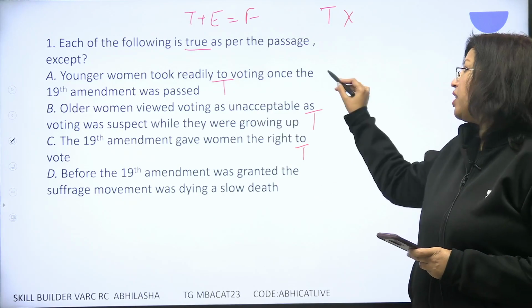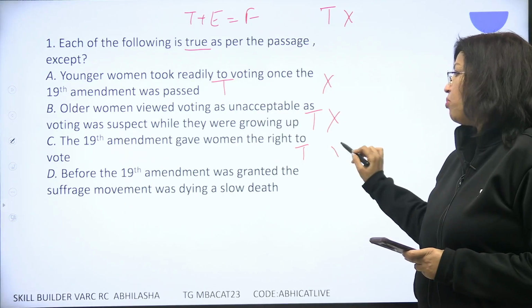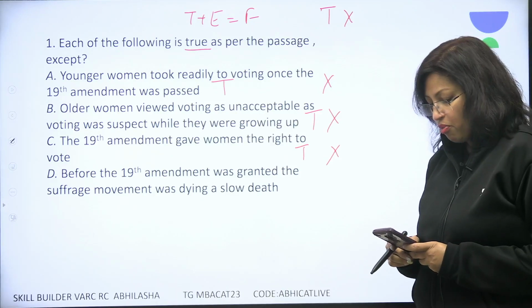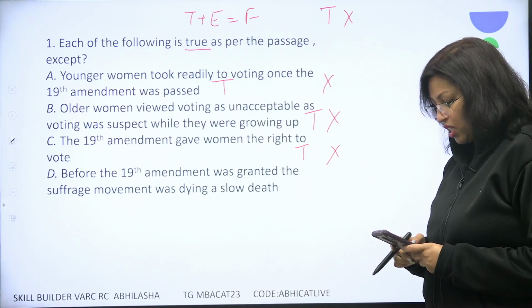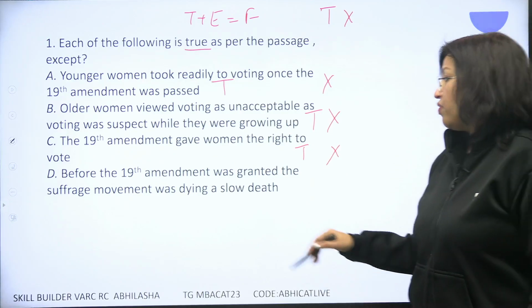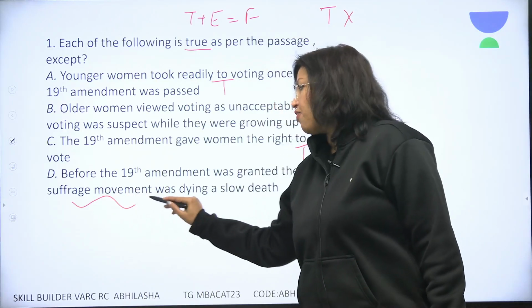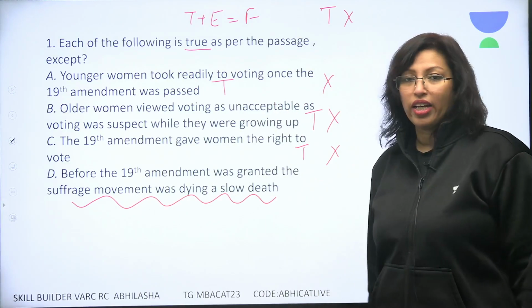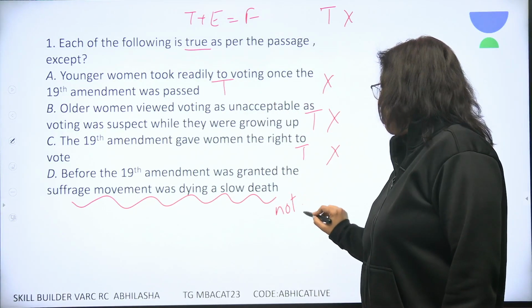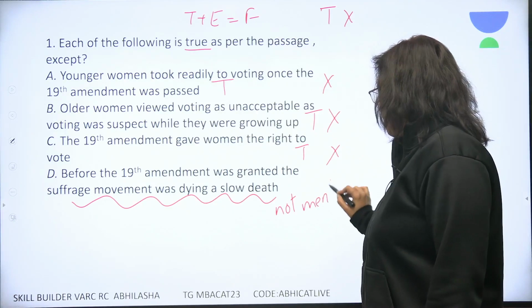So I've eliminated A, I've eliminated B, I've eliminated C. Let me just look at D and see if it is the right answer. Before the 19th Amendment was granted, the suffrage movement was dying a slow death. Well, we don't really know if the suffrage movement was dying a slow death, right? So this is something that is not really mentioned in the passage.